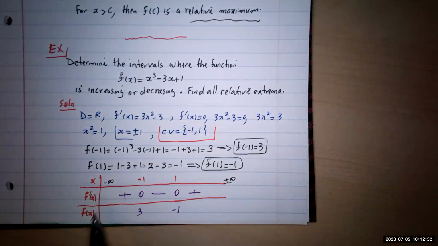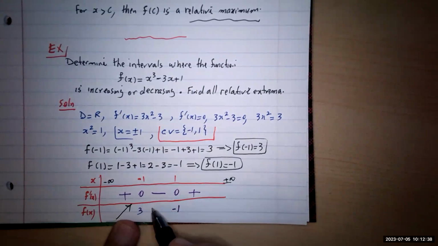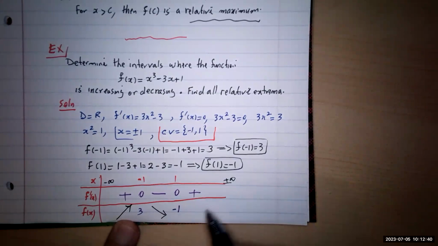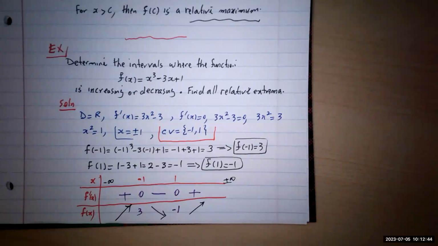Now the conclusion. f prime positive means increasing, up. Negative means decreasing, down. There you are. So the function is increasing on the intervals -infinity to -1, and 1 to +infinity. It's decreasing between -1 and 1. If you give us the chart, you don't need to explain it. We understand it.